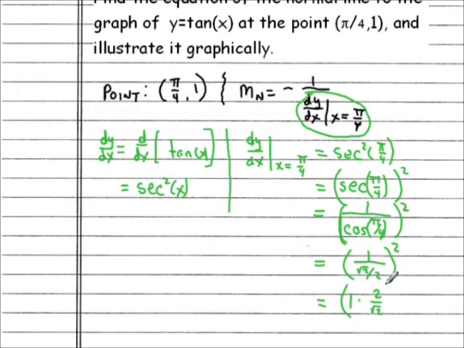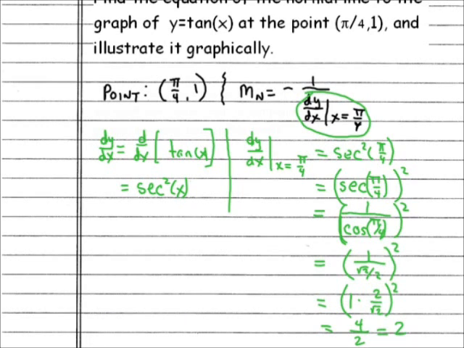And of course that's what I'm squaring. So we're essentially just squaring 2 over the square root of 2. When we square 2, we get 4. When we square the square root of 2, we get 2. And so what we've come up with is that our slope of the tangent line is 2. Remember, dy dx here represents the slope of the tangent line.